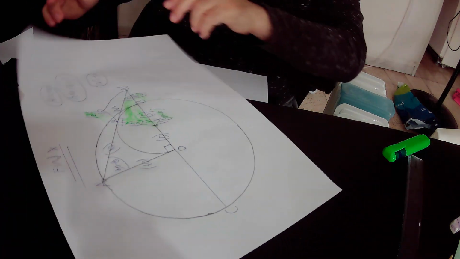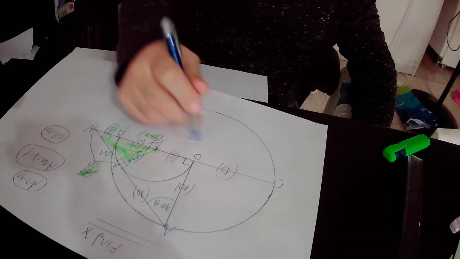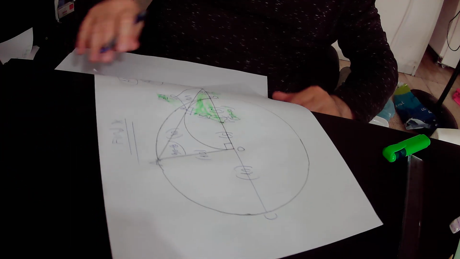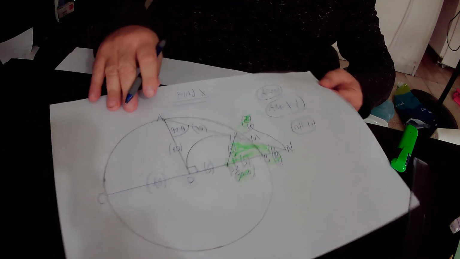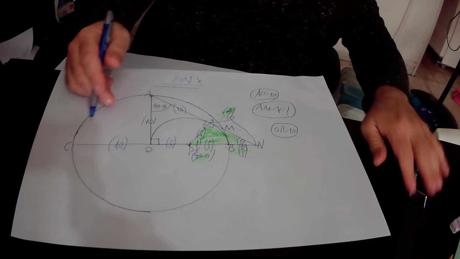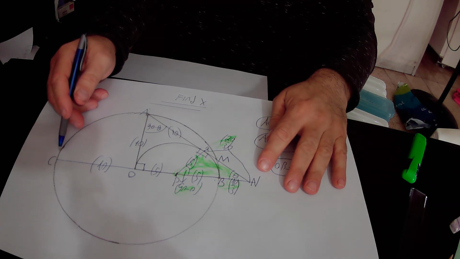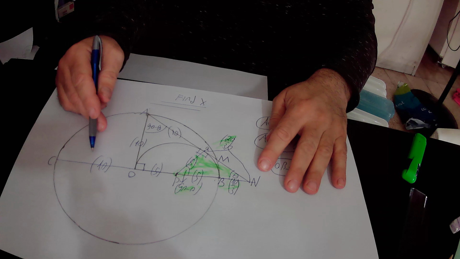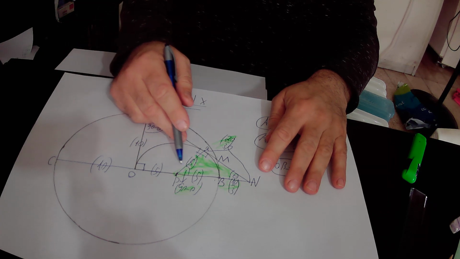So, what is the length of line segment CN? From the drawings, it's very easy to see that CN equals CO, that is 10, plus OP, that is 5, plus PB, that is 5.